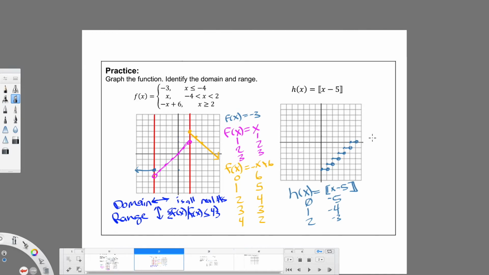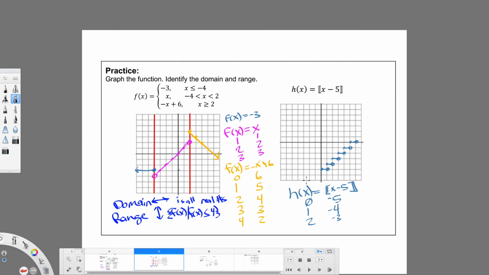So when we're thinking about the domain and range, again, same idea as this domain and range. We just want to see what we are limited to in these cases. For the domain and the range, there really isn't a limit here. I'm going to go down forever. I'm going to go up forever with this step function.